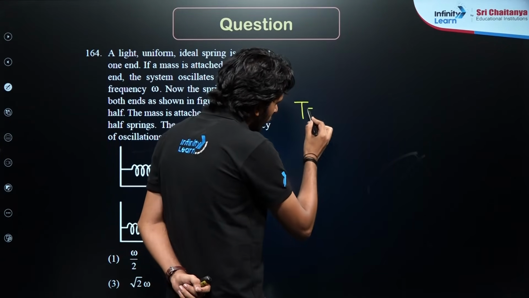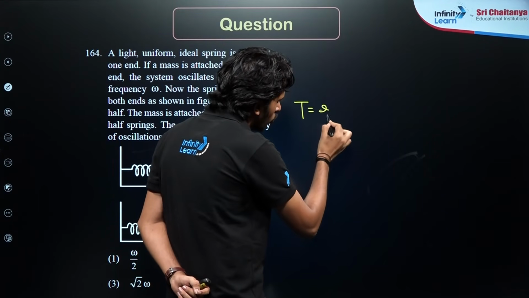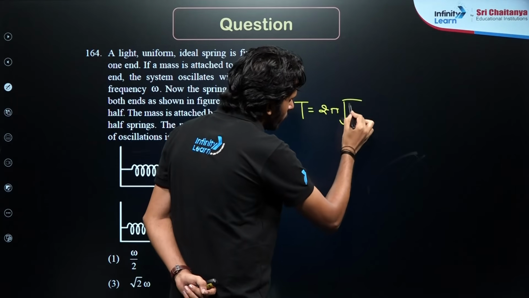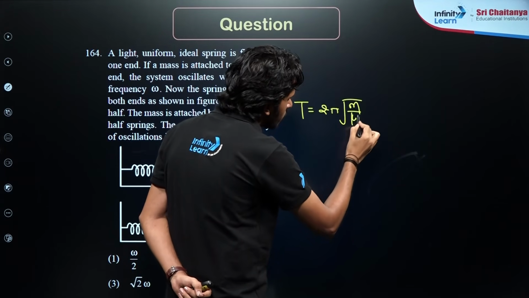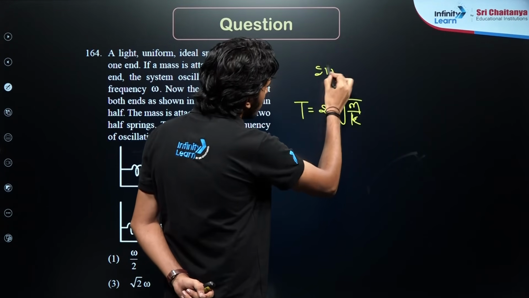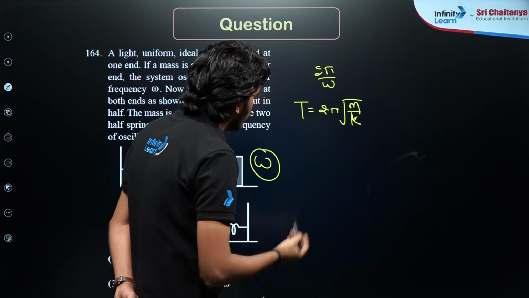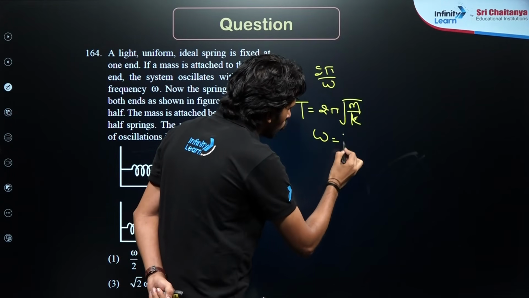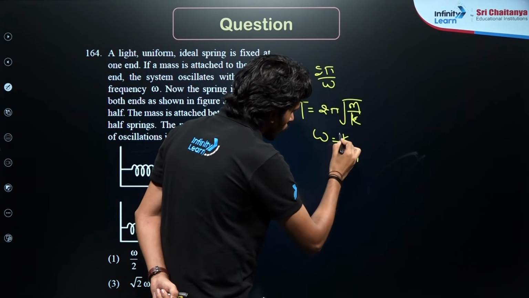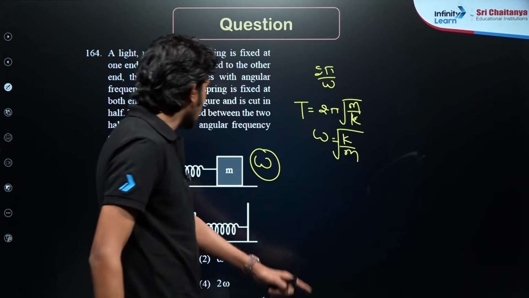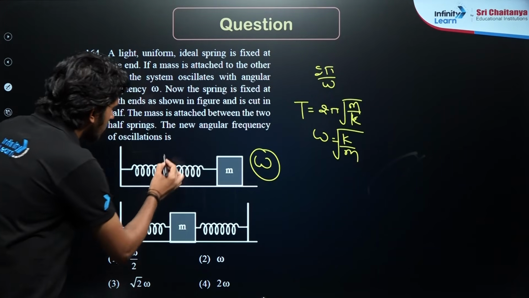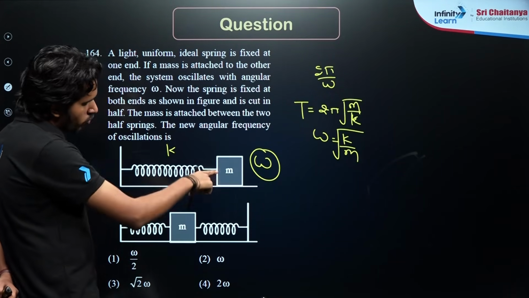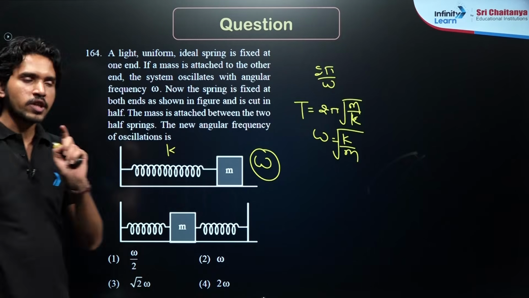I know you have memorized one formula for time period, 2 pi root m by k. Basically that is 2 pi by omega only, right? So we know that omega is root k by m. Let's say its constant is k, so the omega value is root k by m.